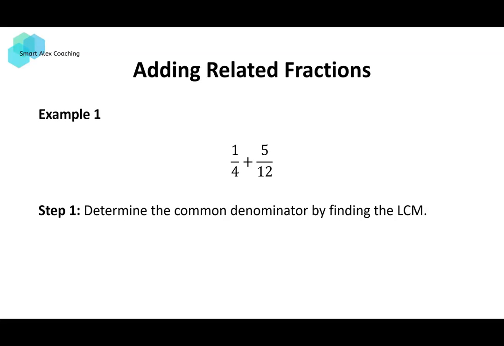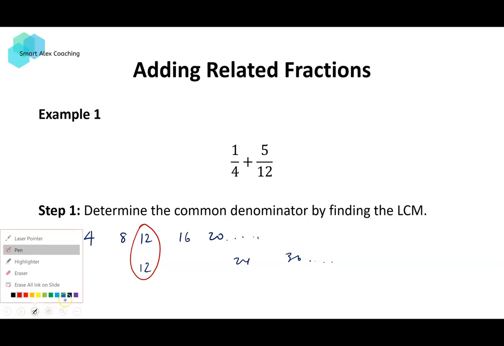If I look at the multiples of 4, I've got 4, 8, 12, 16, 20, etc. The multiples of 12 are 12, 24, 36, etc. But I can see that 12 is my lowest common multiple, and I'm going to choose it as my common denominator as well.